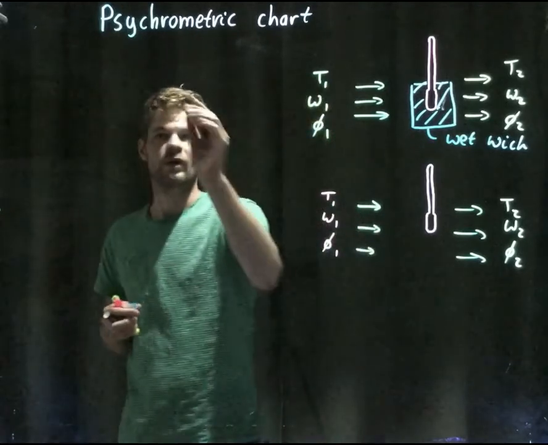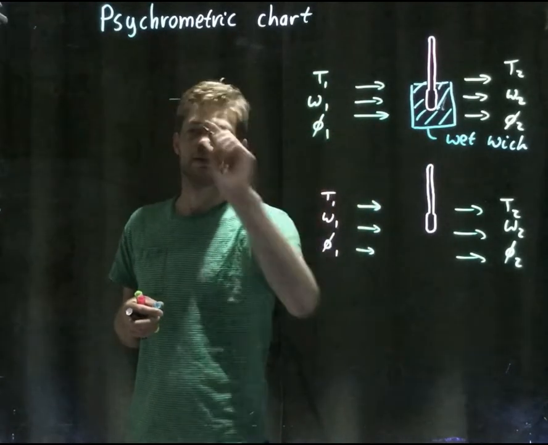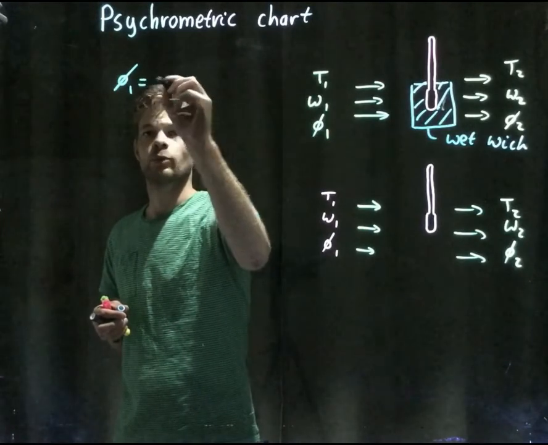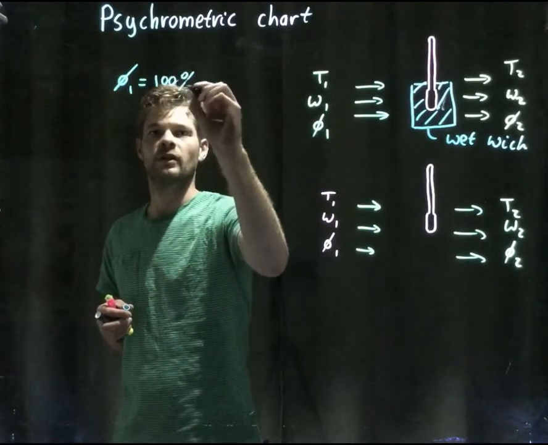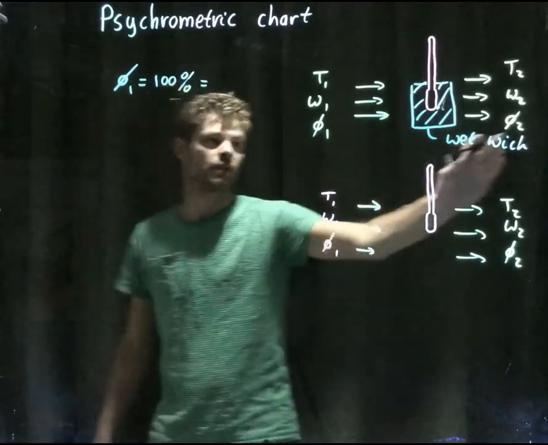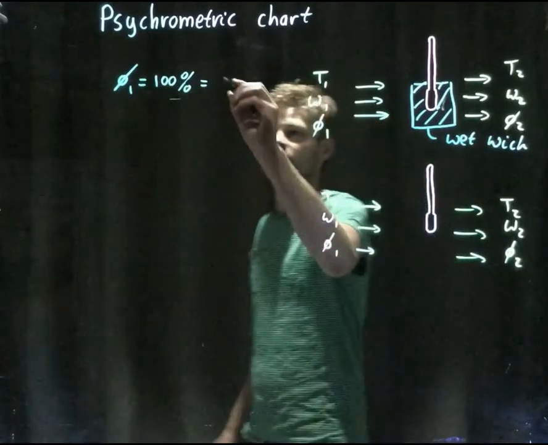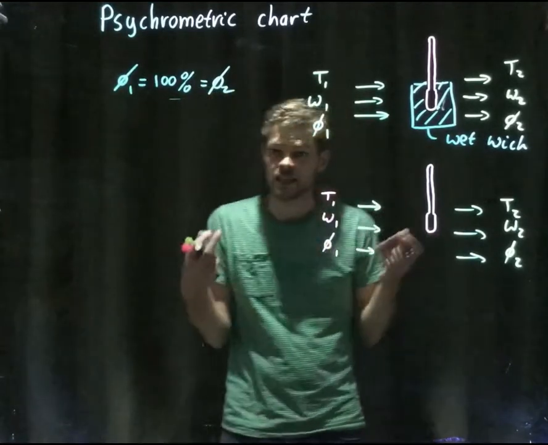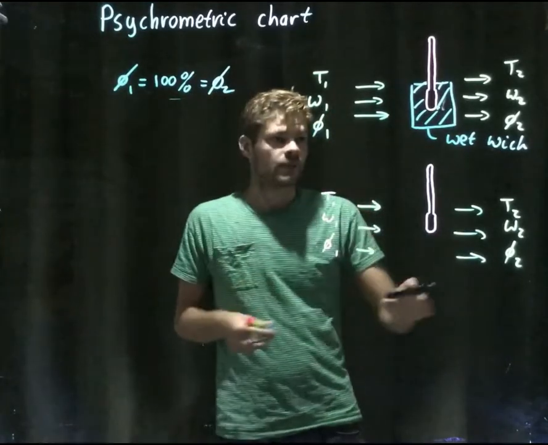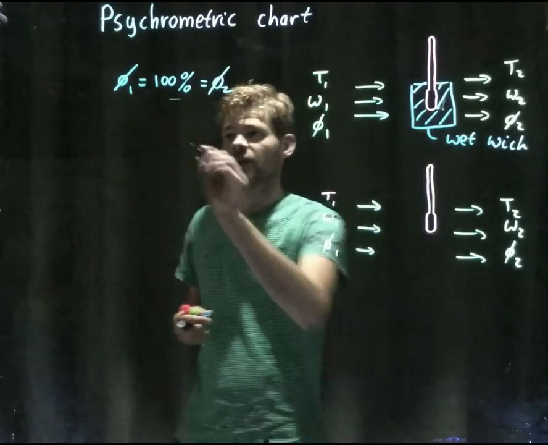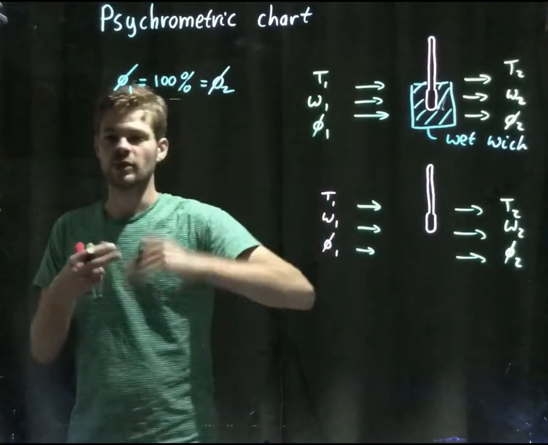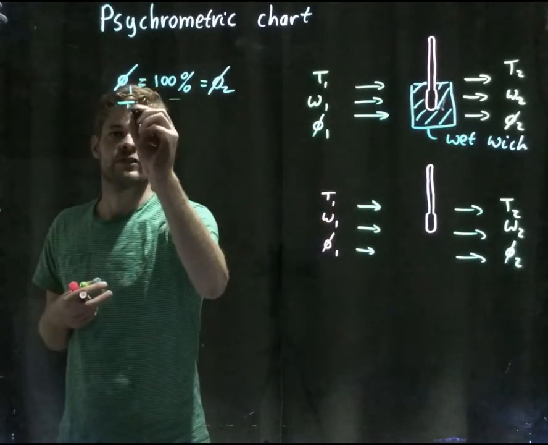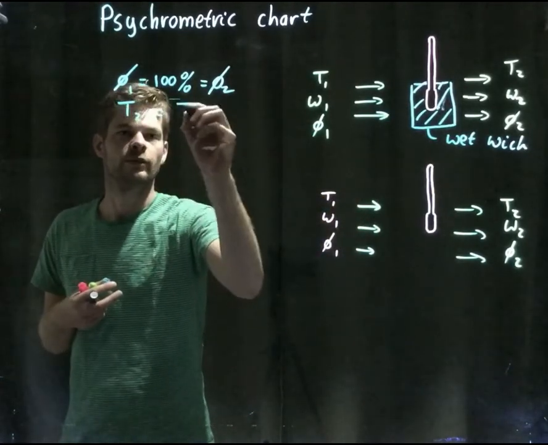And of course we can assume that if the relative humidity is 100%, then we know for sure that over here the relative humidity will be 100% as well, because there's no need to absorb any water into the air. So this will remain constant. And therefore no energy has been used to vaporize the water that's covering this wet wick. So T2 will be equal to T1.